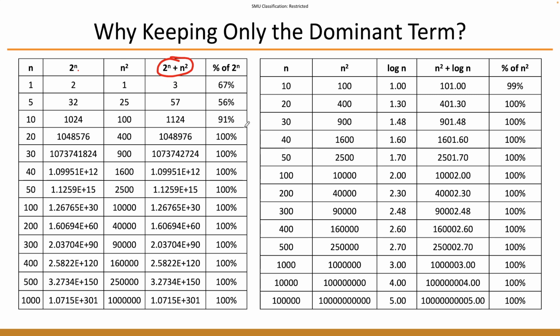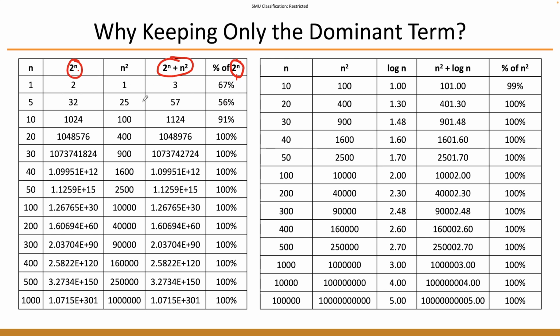And what you can do over here, in order to justify that in the final writing of the big O notation we only keep 2 to the power of n, is calculate the fraction of the total value that is contributed by the 2 to the power of n column. As a start, when n equals 1, this contribution is 67%.